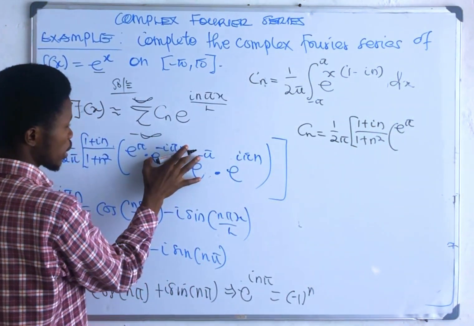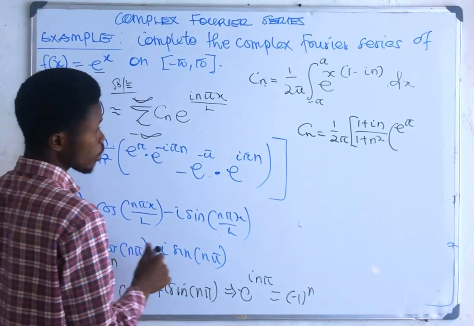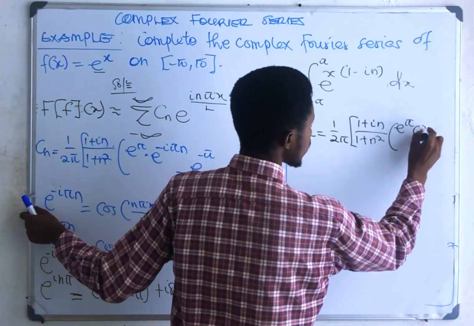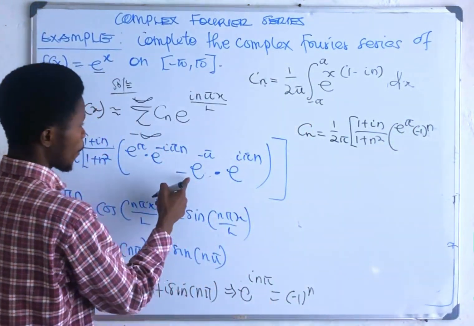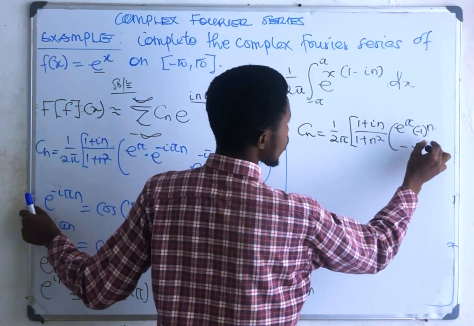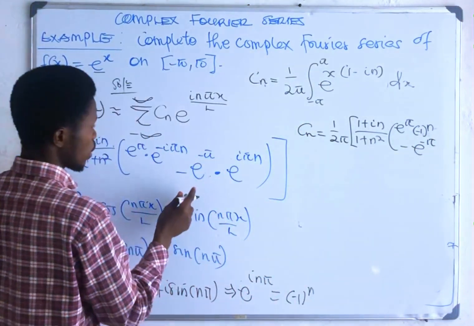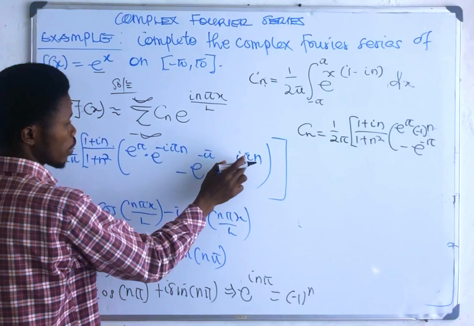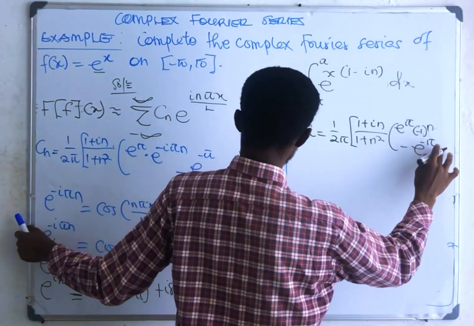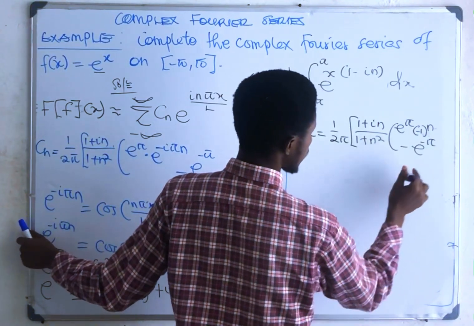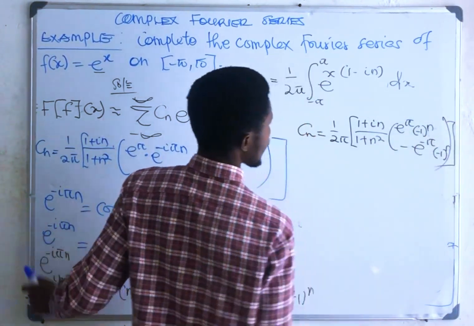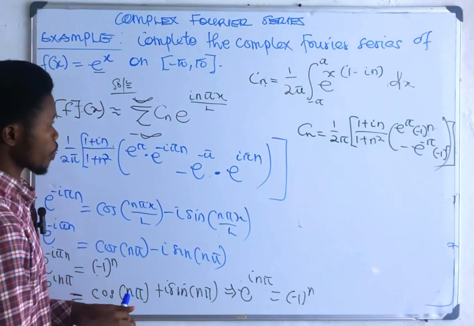The whole of this is now negative 1 to the power n. Minus, I'm bringing it down here, e to the power negative pi. The whole of this is negative 1 to the power n. So this is what you are going to get.